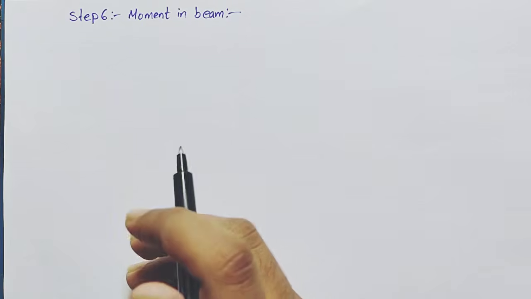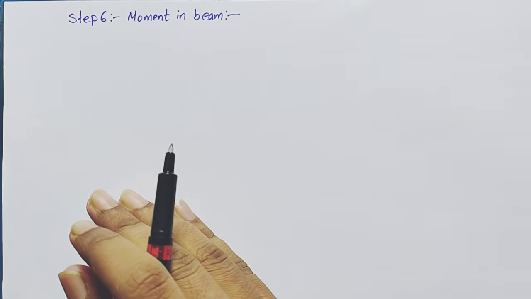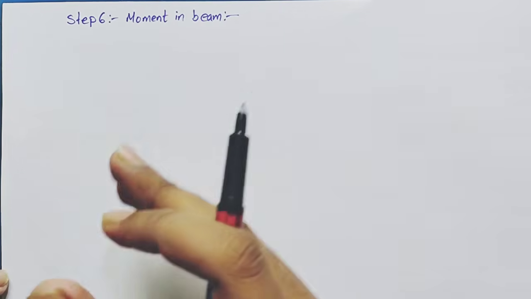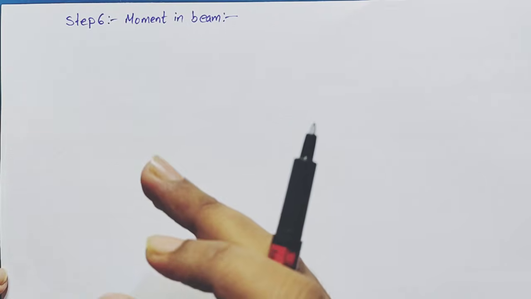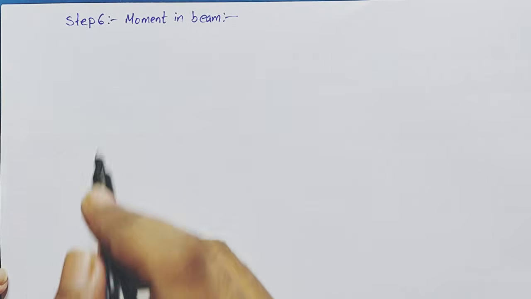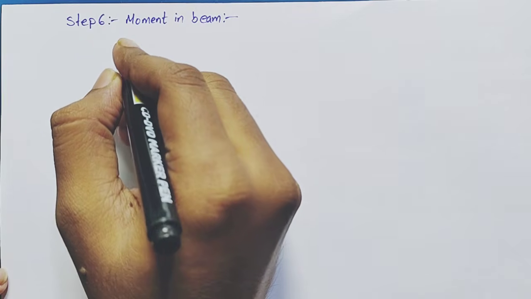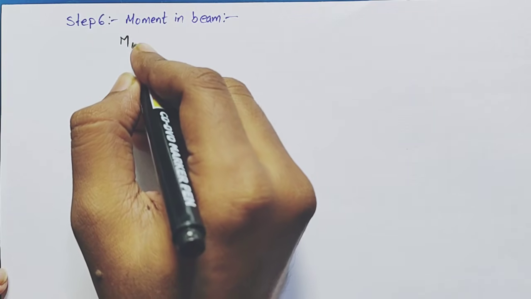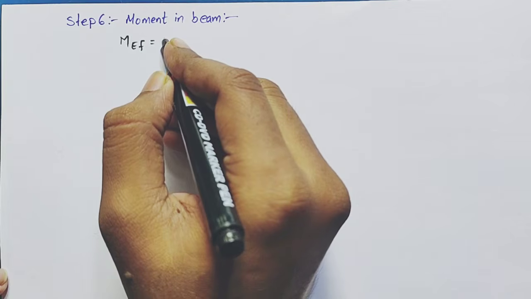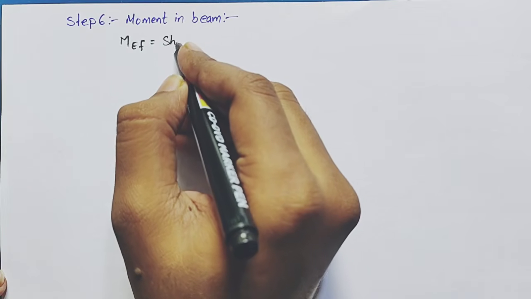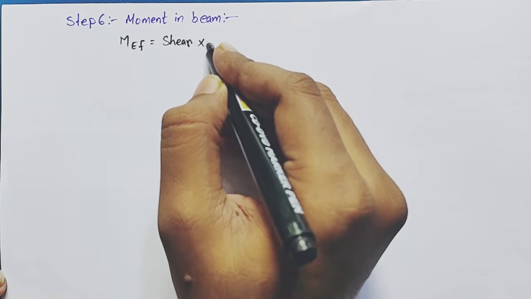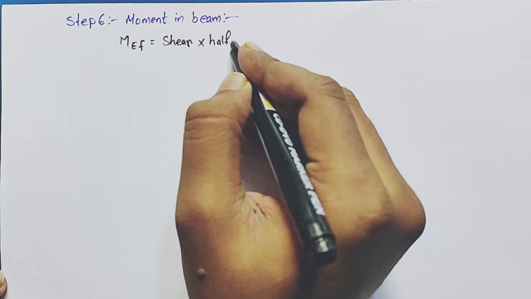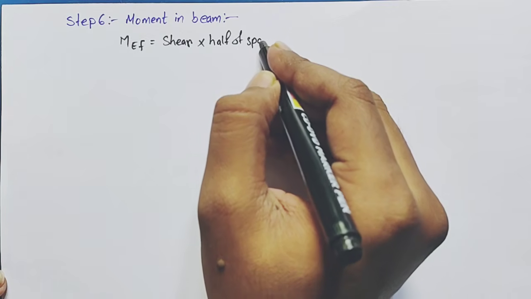Now here comes the step 6, and in step 6 we need to calculate the moment in beam, and for calculating moment in beam we have a simple formula, and that is multiply the shear in beam with half of the span. Suppose we are calculating the moment in beam EF, then it will be given by shear in beam EF multiplied by half of span of beam.